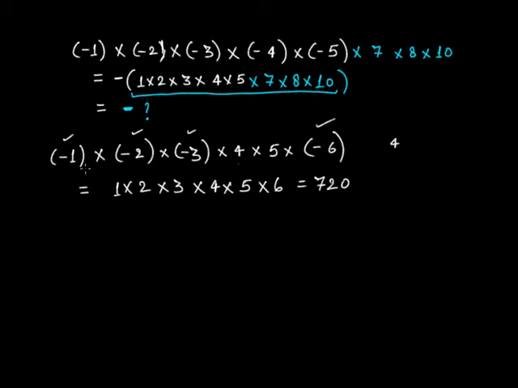What matters is the number of negative integers. It could have been that 4 multiplied by 5 was at the starting position. Doesn't matter. The position of these negative integers and positive integers doesn't matter. What matters is the number of negative integers in a given multiplication.